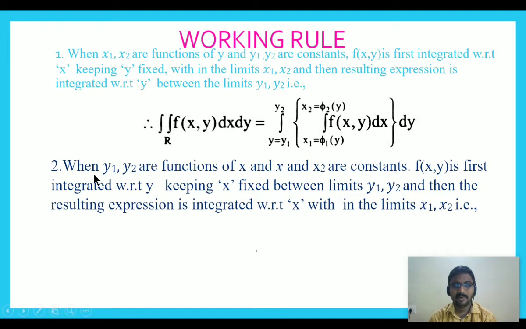Second case: when y1, y2 are functions of x, that is, the y limits are in terms of x and are variable limits, and x1, x2 are constants, that is, the x limits are constants. f of x, y is first integrated with respect to y, keeping x fixed, that means x is treated as constant between the limits y1 and y2, and then the resulting expression is integrated with respect to x within the limits x1 and x2.